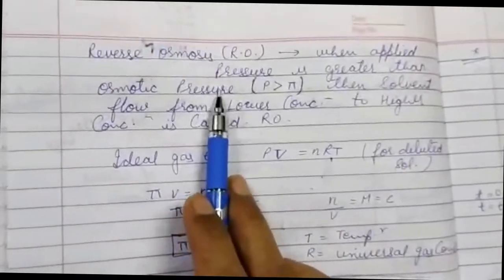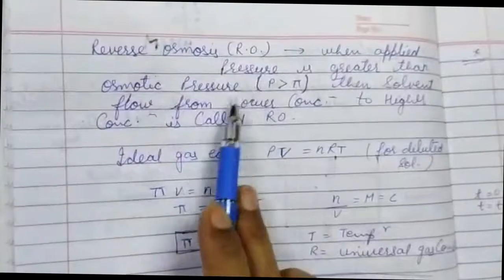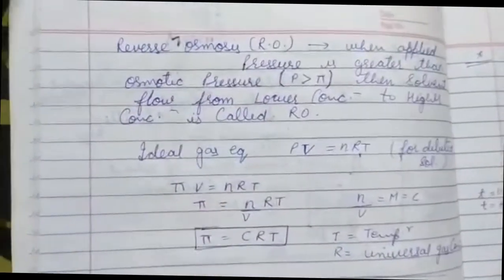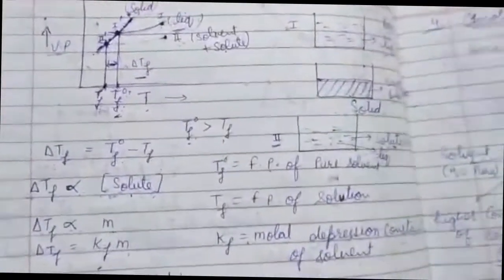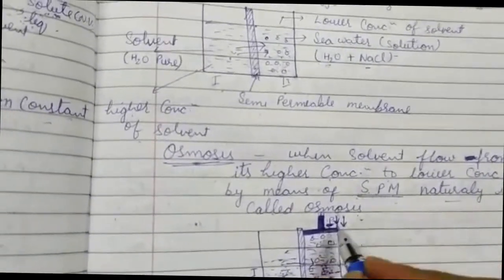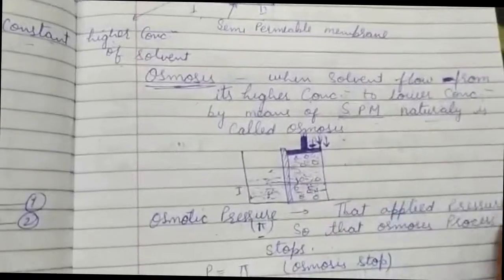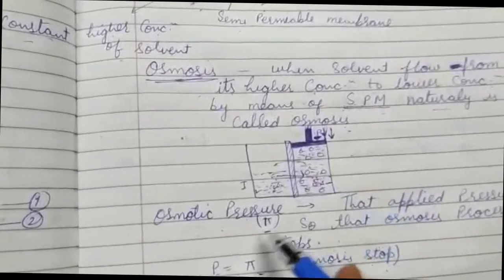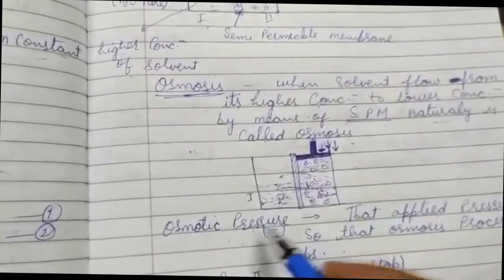So in reverse osmosis, what do we have to do to get pure water from impure water? We have to apply pressure. And how much pressure? We have to apply pressure more than the osmotic pressure.